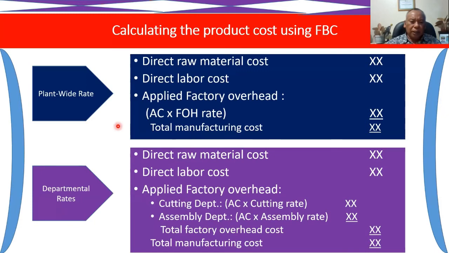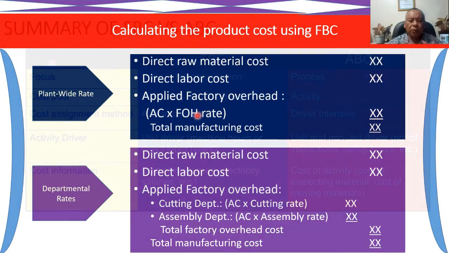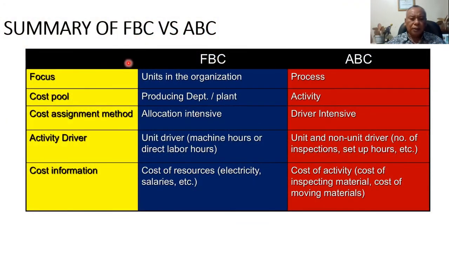If you are using the plant-wide rate, we can directly multiply the actual capacity and the factory overhead rate, because we just treat the plant as a whole. So this is the difference between functional-based costing and activity-based costing.